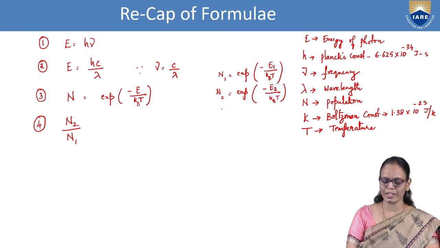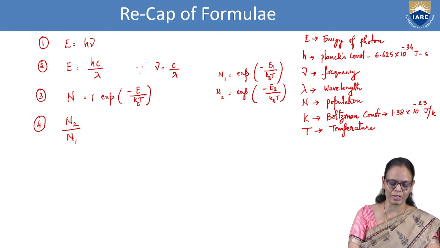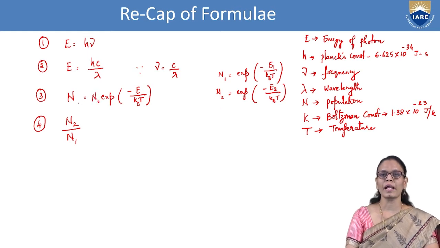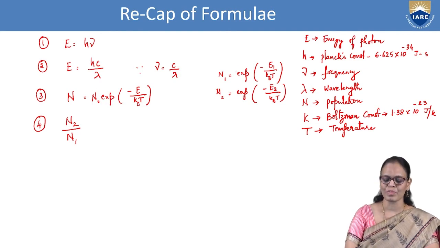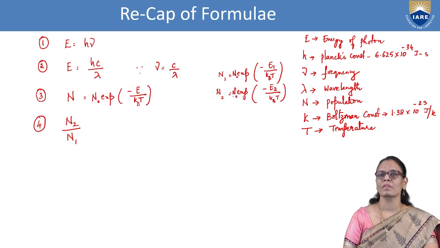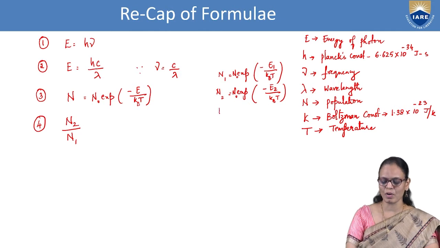If we want the ratio, we also have N naught. N is equal to N naught exponential minus E upon kBT, where N naught is the population in the ground state. So, you have N naught exponential minus E2 by kBT. So, how do we write N2 by N1?